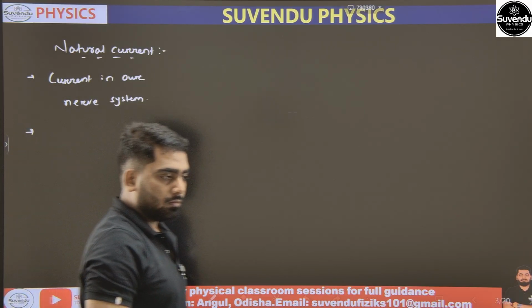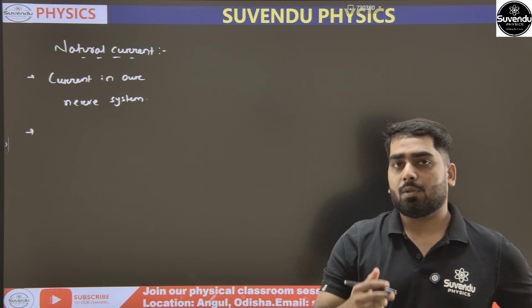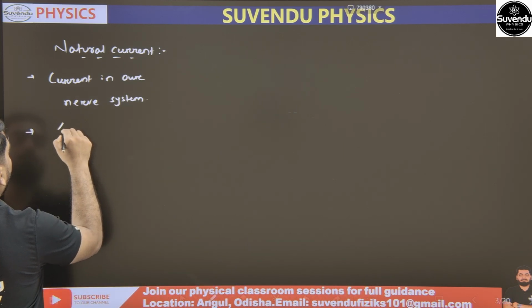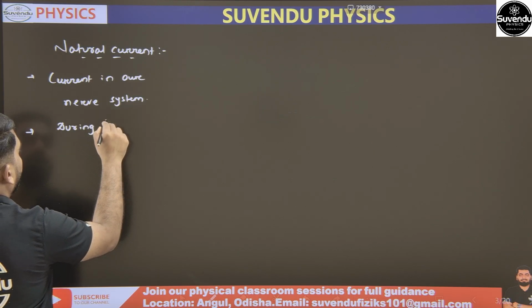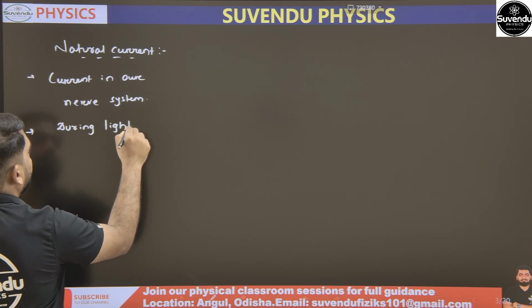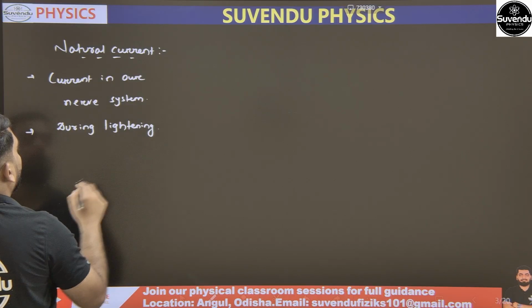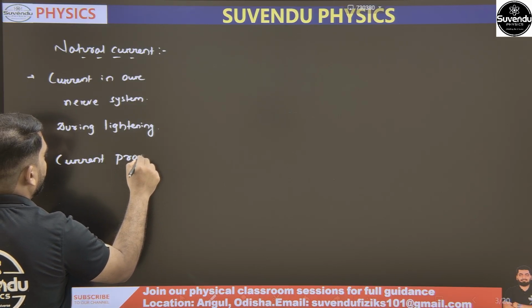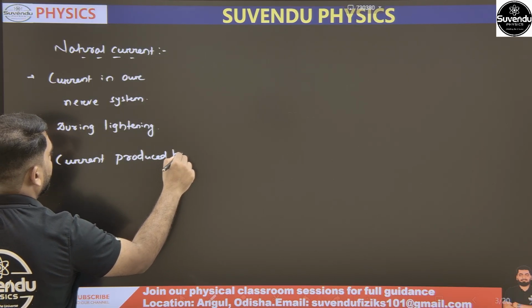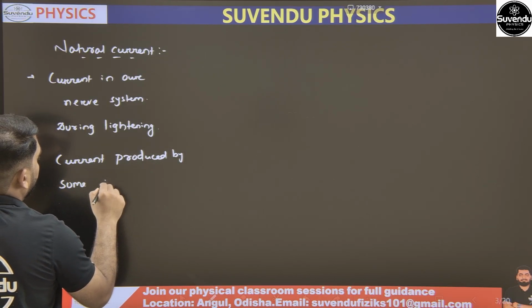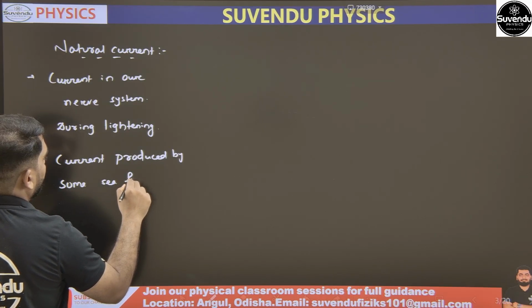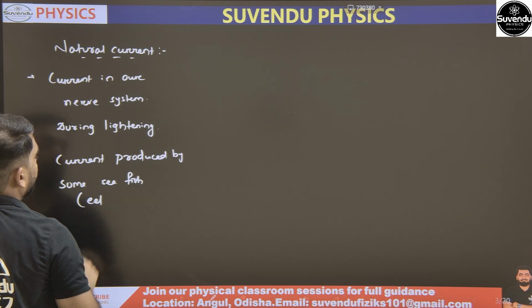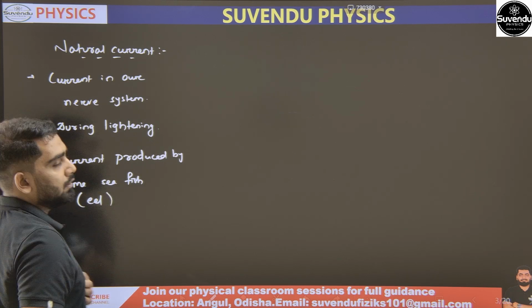And during lightning, the current we see and know is called natural current. Also, current produced by some sea fish like the electric eel, etc.